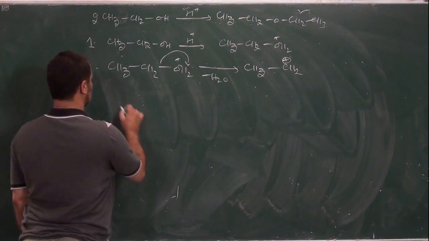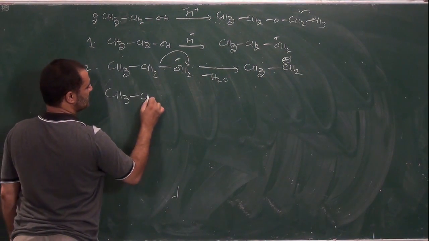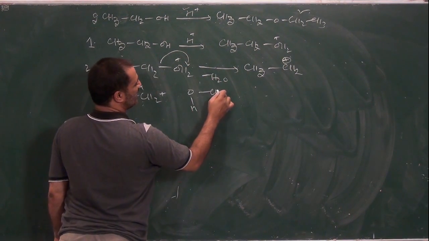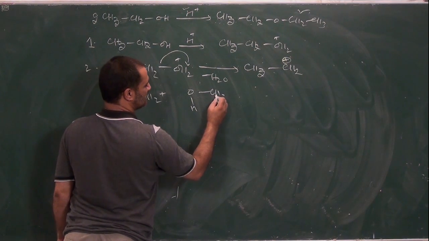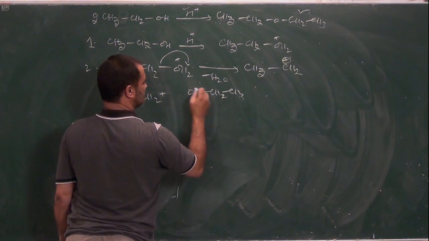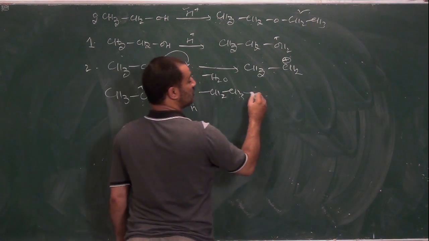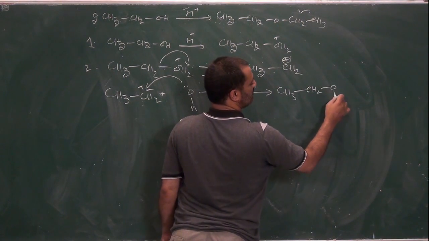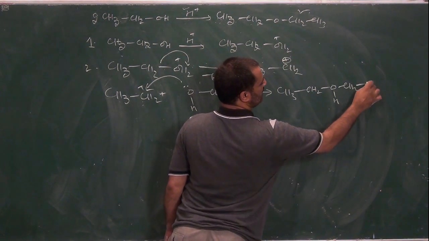We have one more alcohol, which acts as a nucleophile and attacks this carbocation. It forms a protonated ether, CH3CH2OH+CH2CH3.